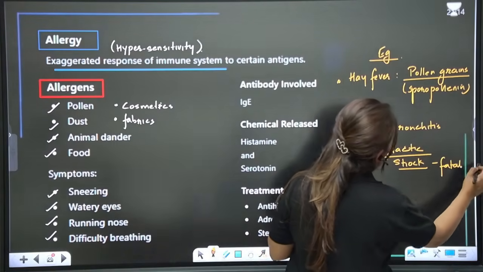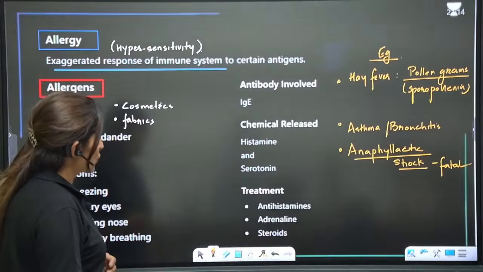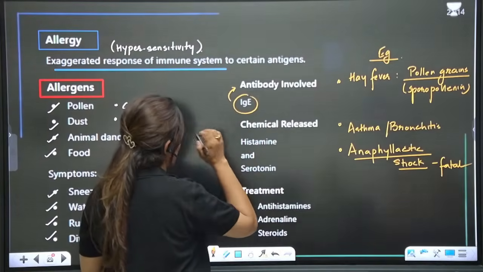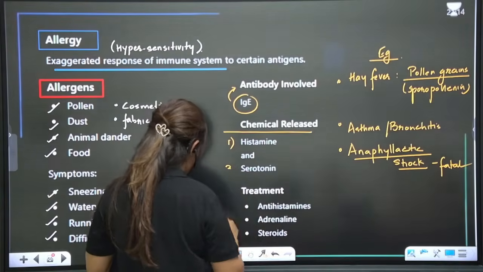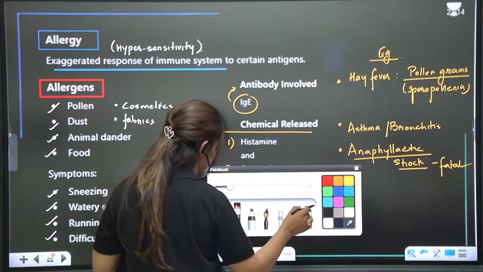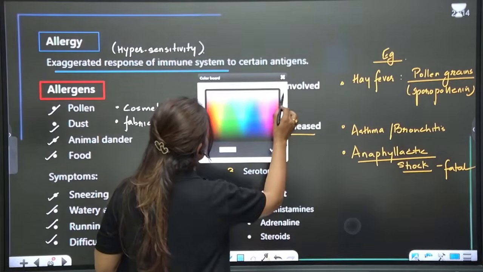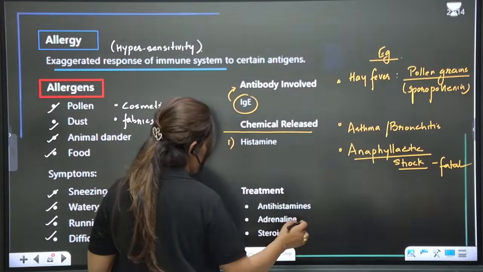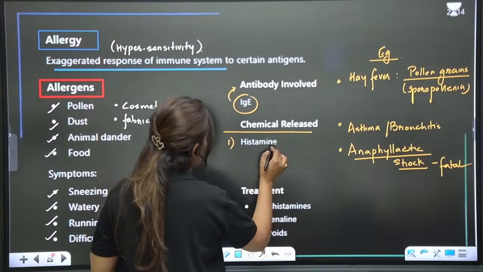Why? Because here all the body cells go into a state of response. Is that clear? So which is the antibody involved? We have just seen it is IgE, and the chemical which is responsible is histamine. Serotonin is there, but let's skip that because it's not given. The main one that you have to remember is histamine. Is that clear?